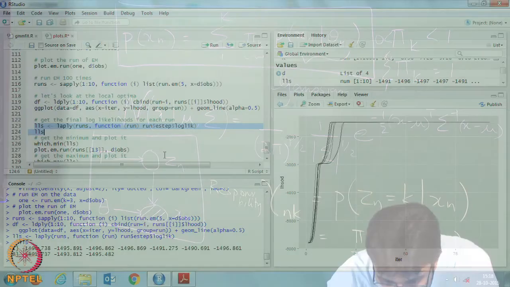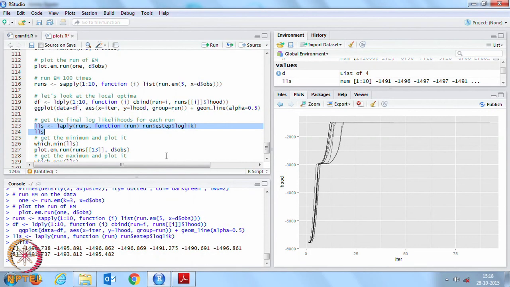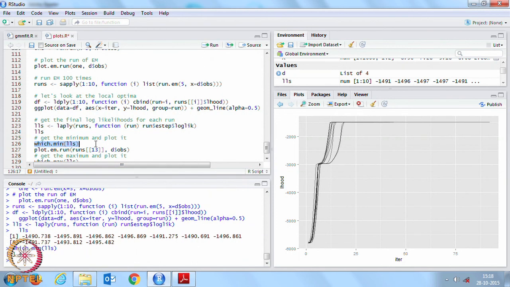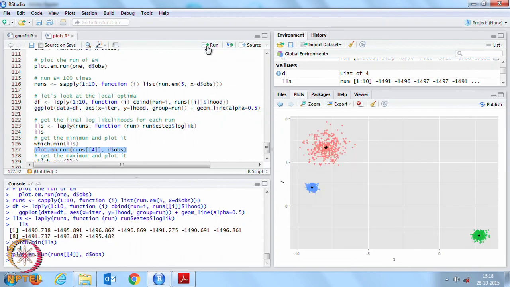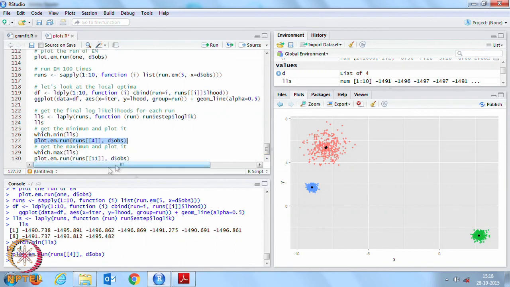When I ran EM 10 times, those are the 10 final likelihood values that I got, and the minimum is 4. In this case, this is a very easy case.